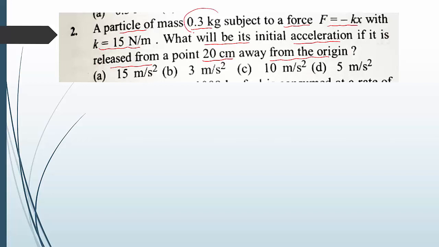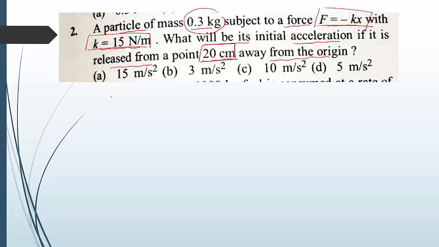Again mass is given, 0.3 kg, and the equation for force is given, F equal to minus kx. Here k value is given, 15 Newton per meter. Initial acceleration if it is released from the point of 20 cm away, which is equal to displacement, means x value.